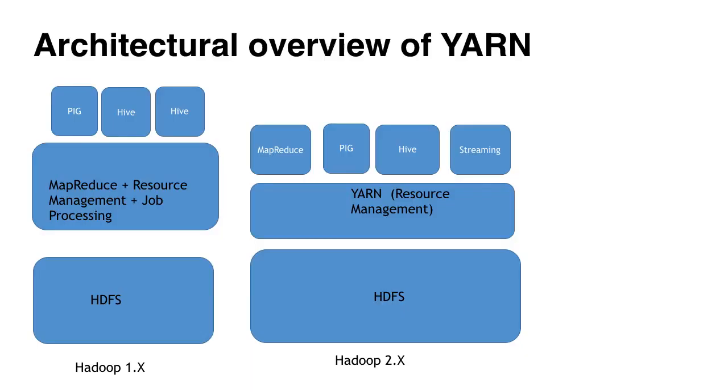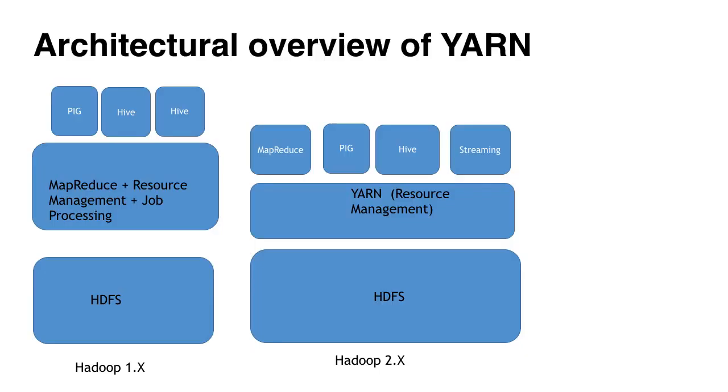If you look at the left hand side of this particular diagram, this is 1.0. The underlying file system is the same in 1.0 and 2.0, which is HDFS. What has really changed is this particular middle layer.